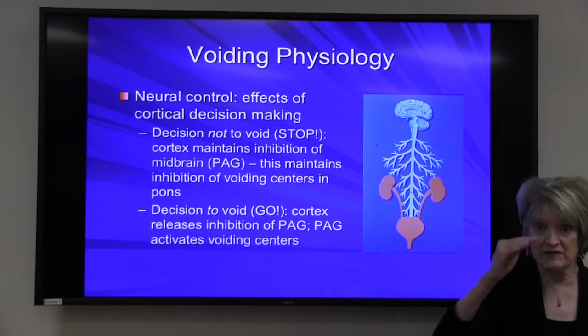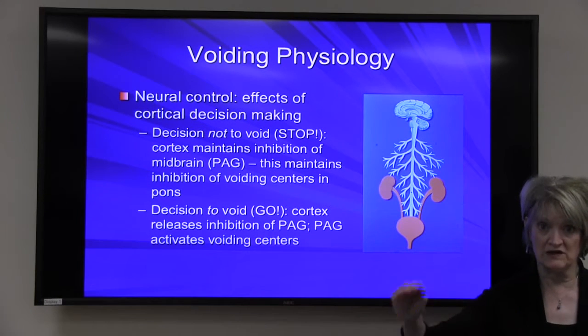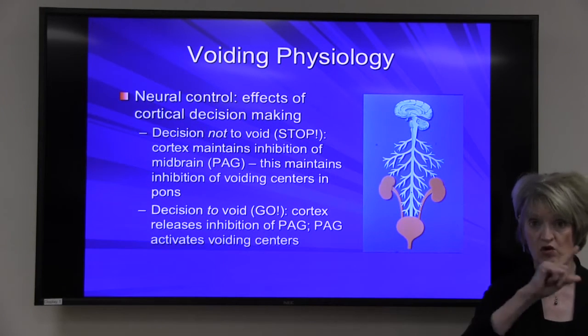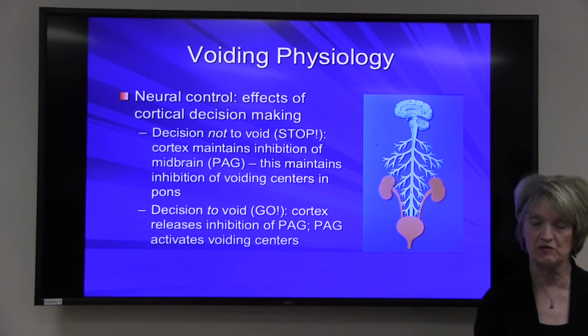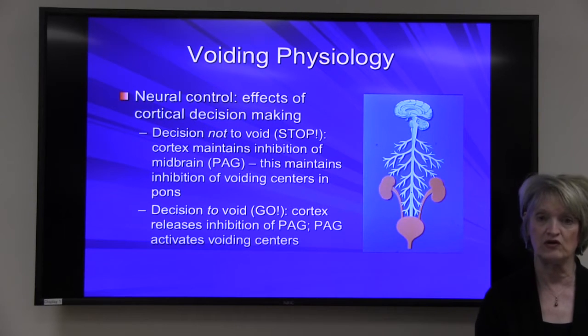So let's take this process and walk down the pathway. The cortex has decision making and it will use input provided by the midbrain, by the PAG, to determine whether you should or should not void.